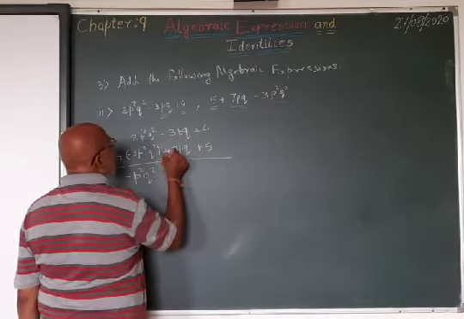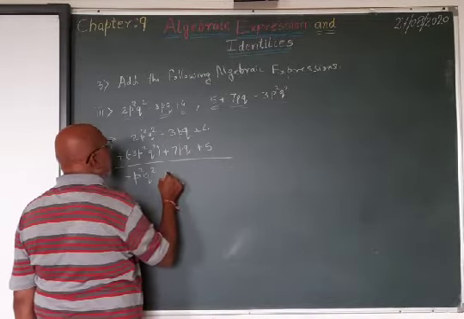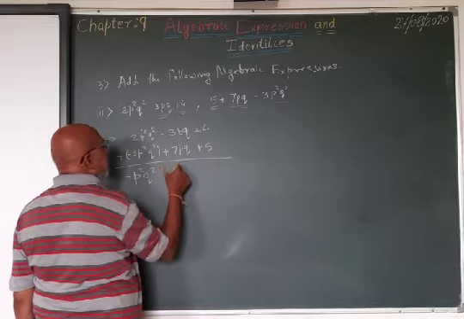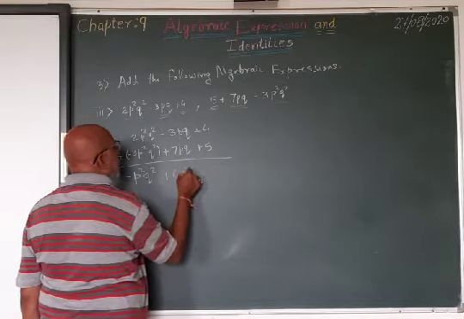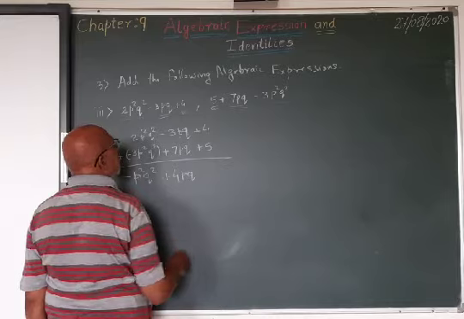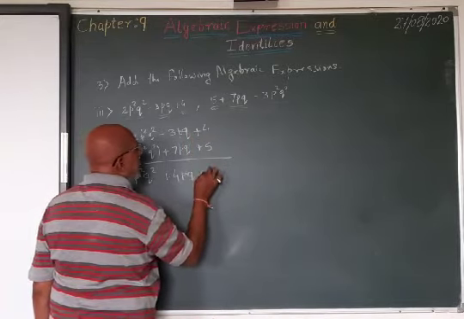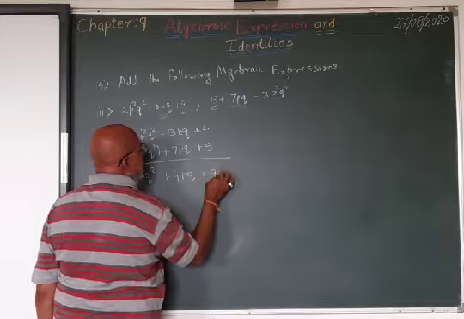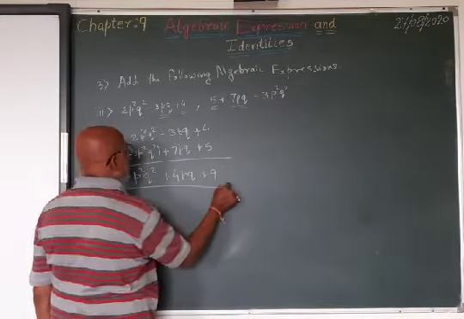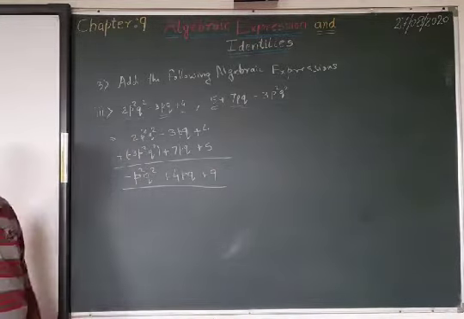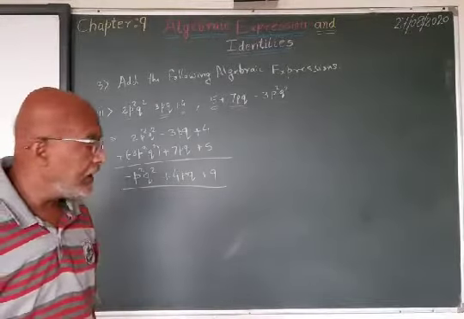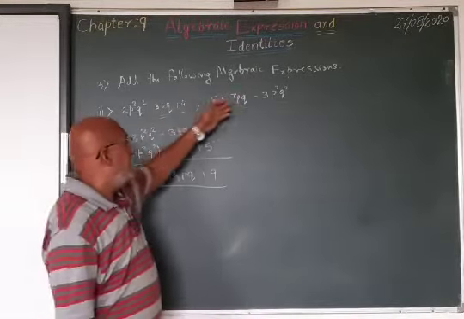Then the second one, 7 minus 3 is 4, and 7 has a plus sign, so 4pq. And last, both are positive, so 5 plus 4 is 9. So this is the sum of the given algebraic expressions.